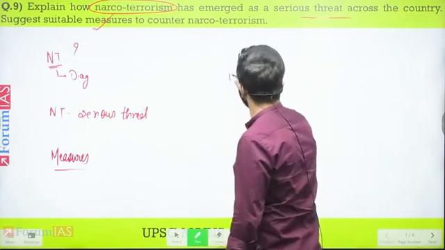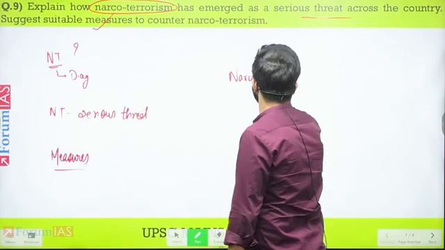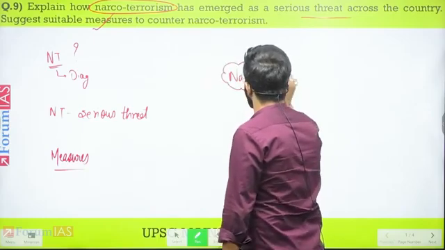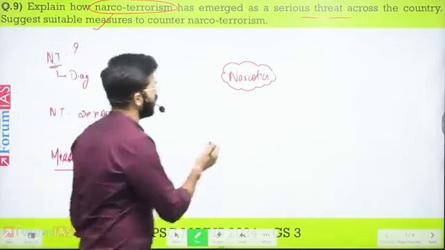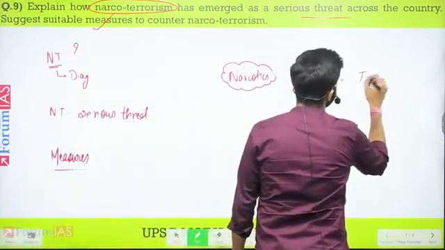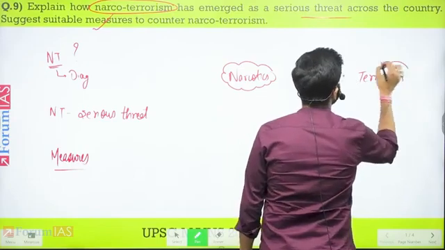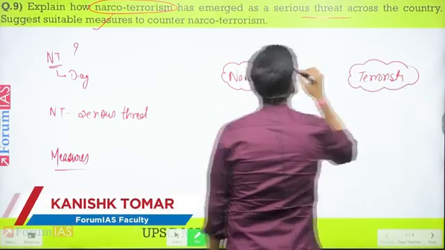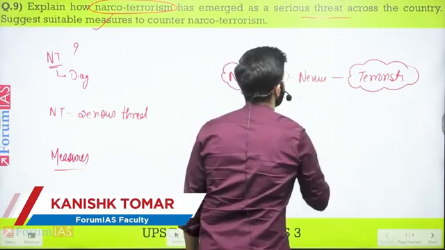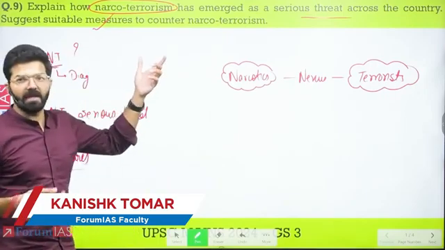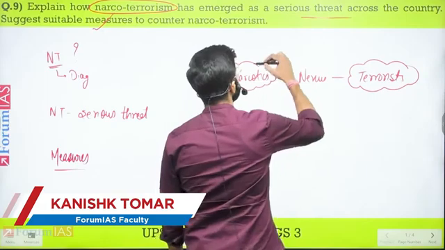Explained through a diagram, we can say that it is a nexus between the drug lords, the drug cartels, the drug syndicates on one end, and the terrorists or terrorist groups on the other. This nexus evolved in the 1980s and 1990s and came to be known as narco-terrorism. Now, how does this nexus work?